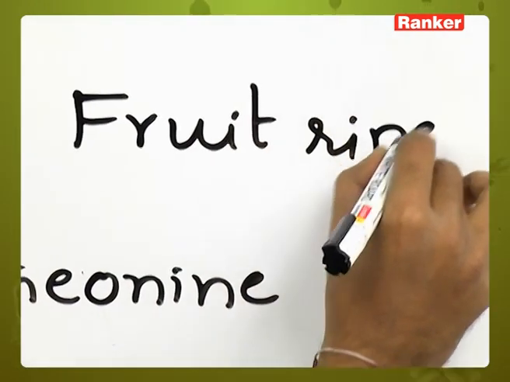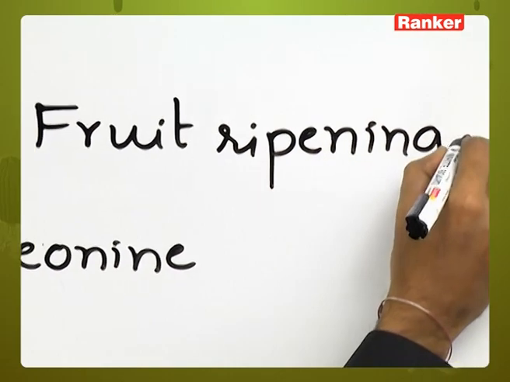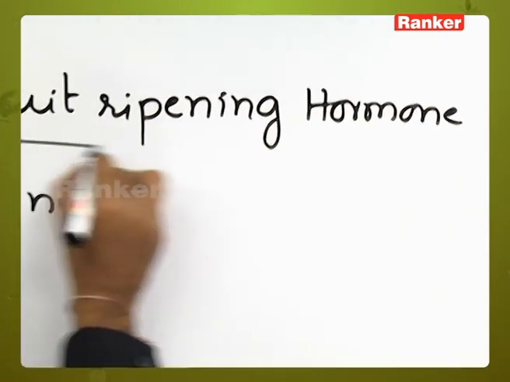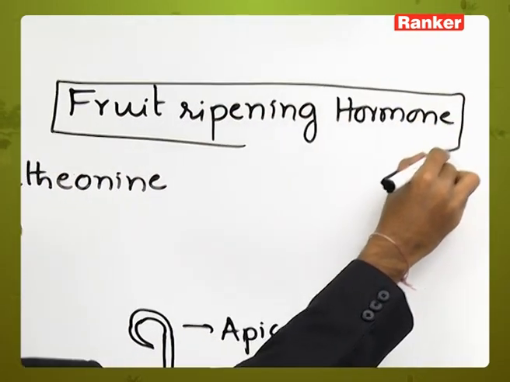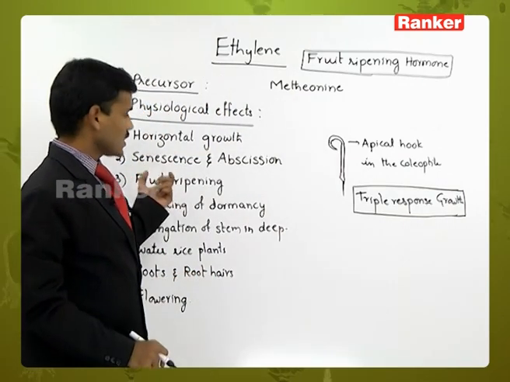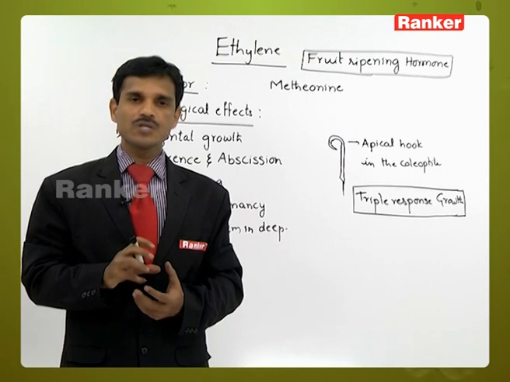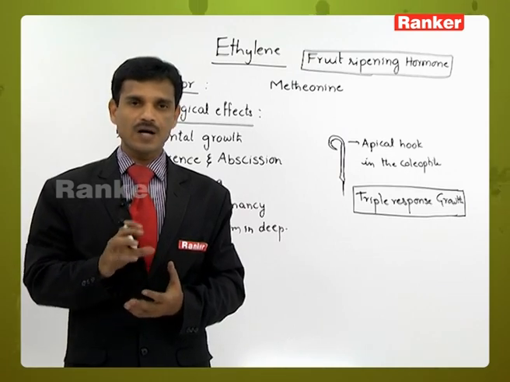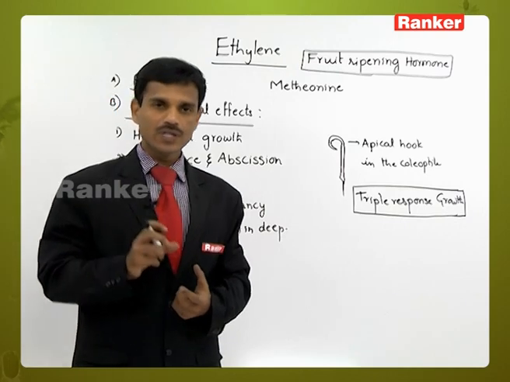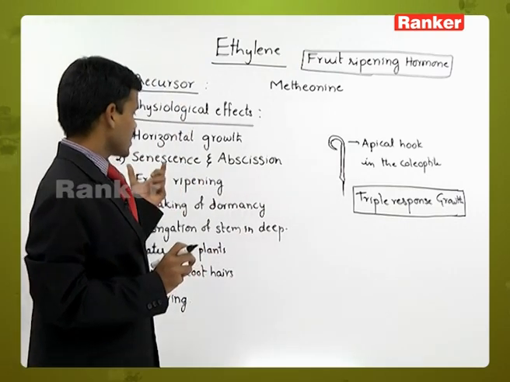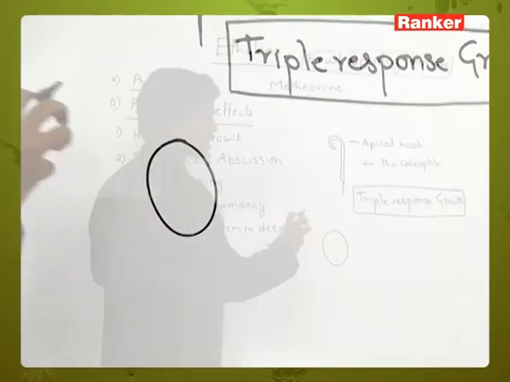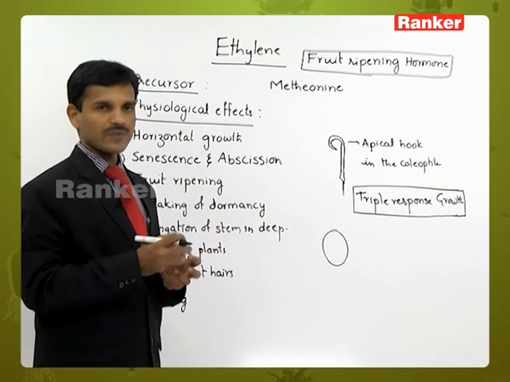It is a gaseous hormone, mainly involved in fruit ripening. After fruit formation, the fruit ripens after some time. During the ripening process, within the fruit the food materials are converted and involved in respiration.